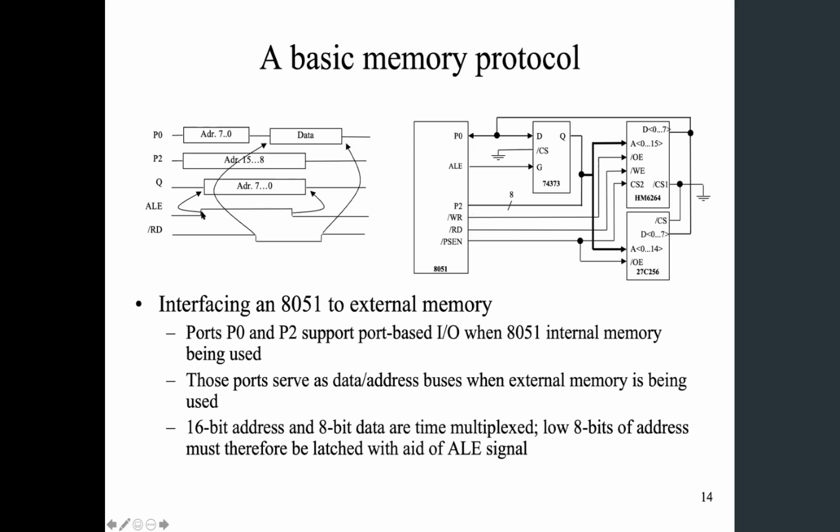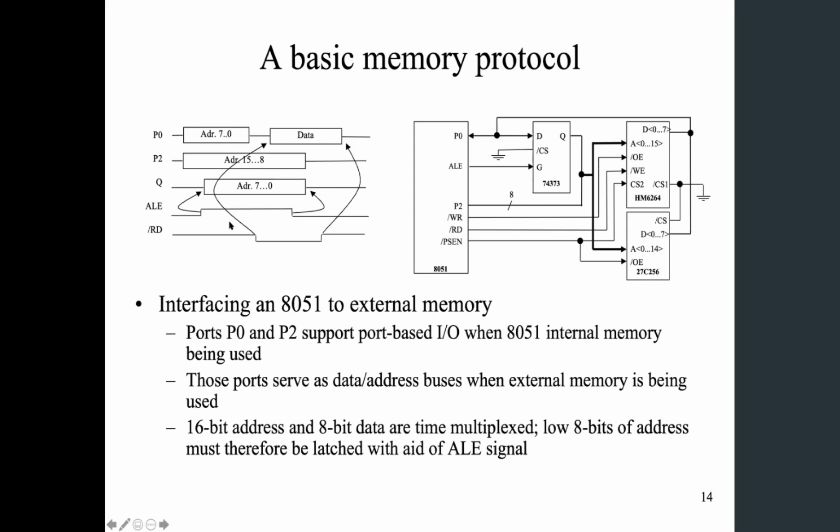And then we see that at some point this ALE is asserted. So you have a pulse here. Because you present the lower half of the address to the D side, this latch will respond to that. As a result, on the Q side, on the output of the latch, you will see the lower 8 bits of the address present.